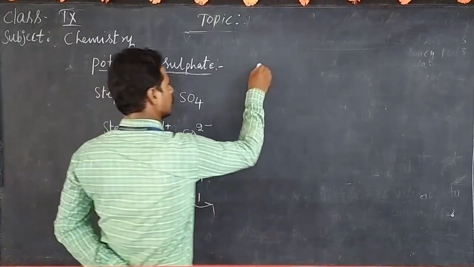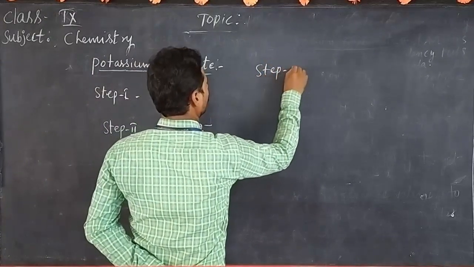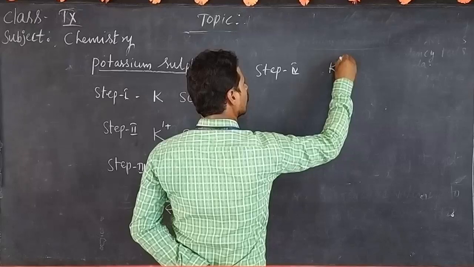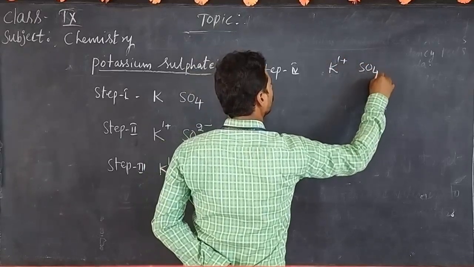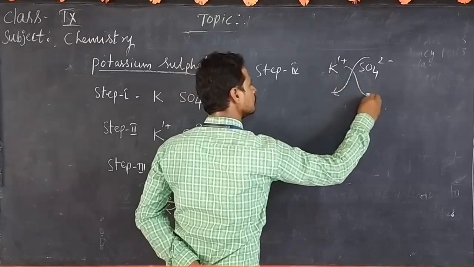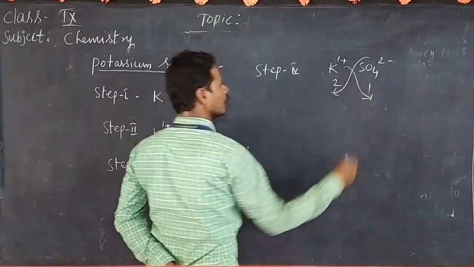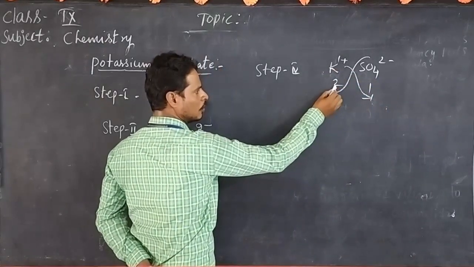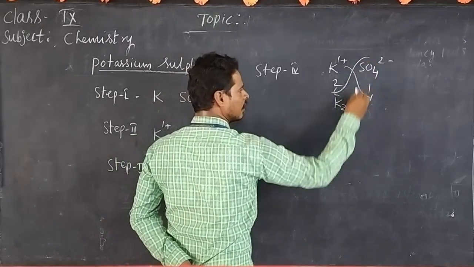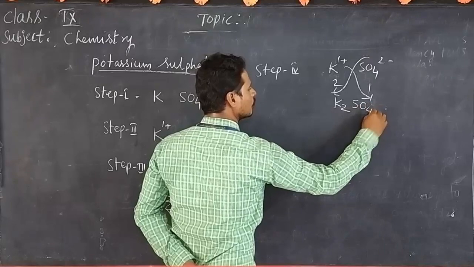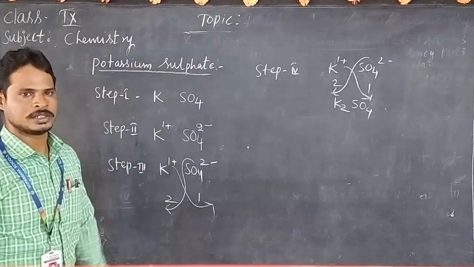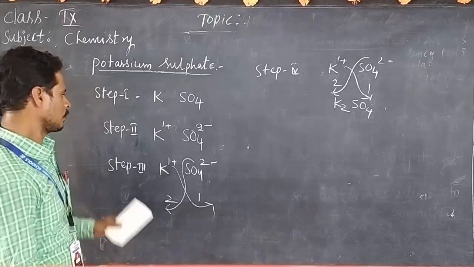So here, step 4: K 1 plus, SO4 2 minus, becomes 2, 1. Here how many potassiums are involved? 2. That's why K2. Here how many sulfates are there? SO4. K2SO4. That is the formula of potassium sulfate.